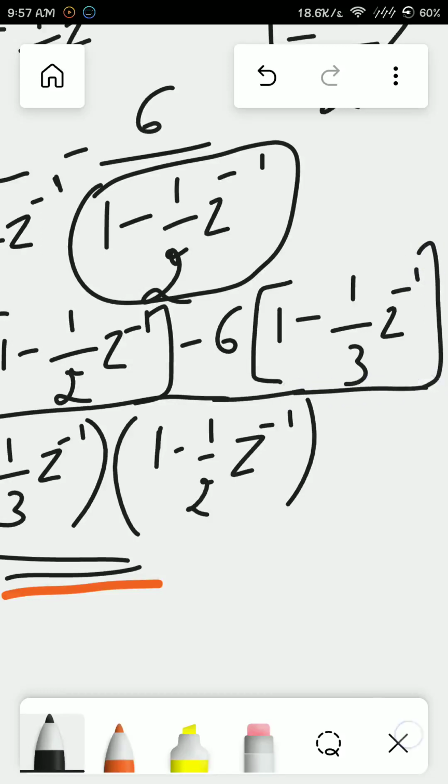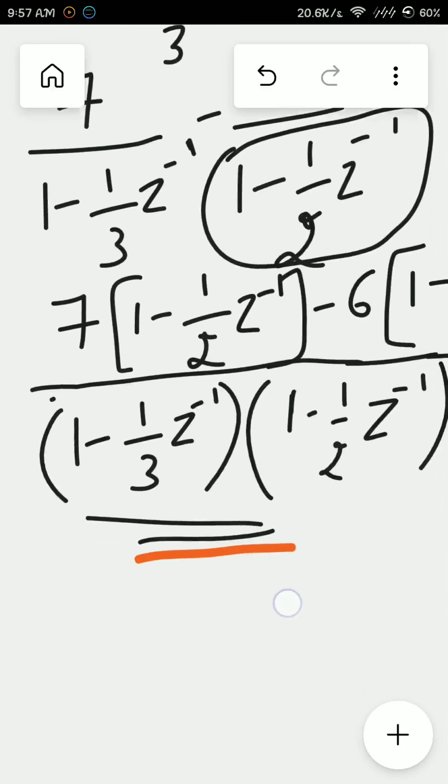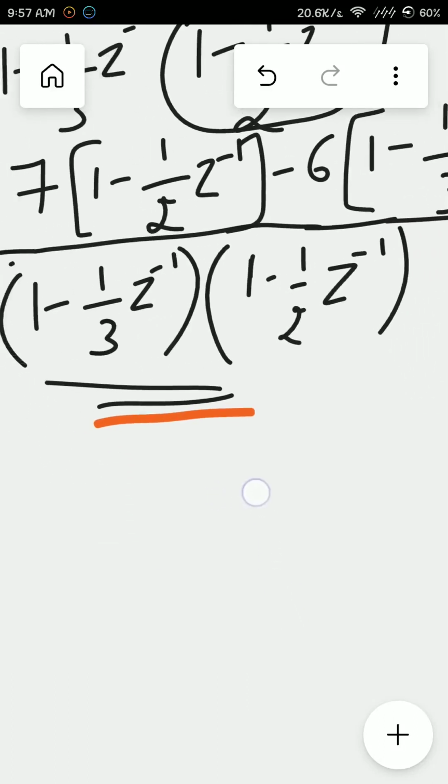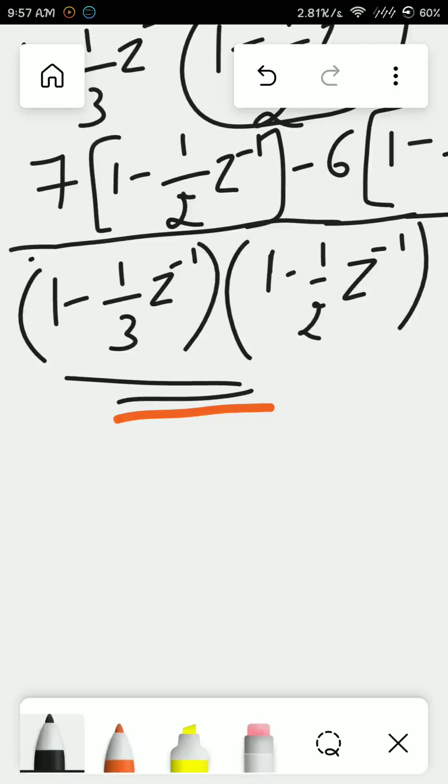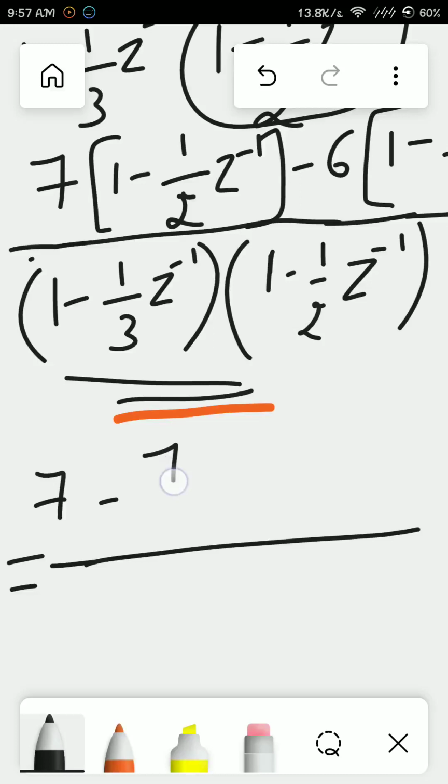Now I'll keep this as it is. Next, if I multiply this 7 into 1 minus 1 by 2 z inverse, I get 7 minus 7 by 2 z inverse.